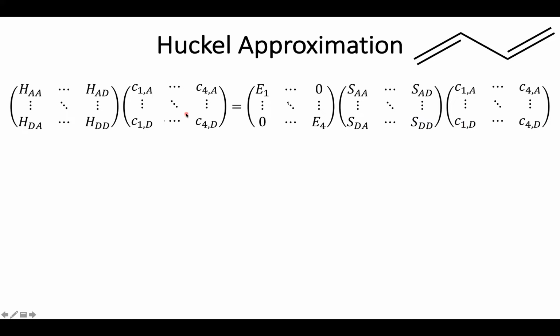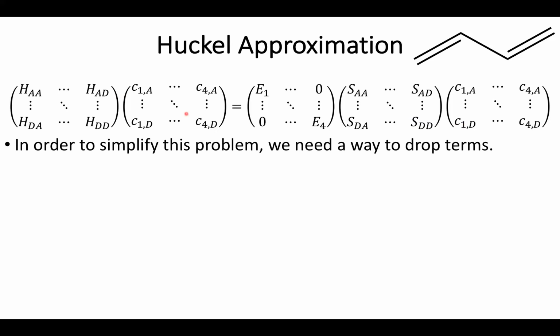This is going to be a bit of an ugly problem. So what we're going to want to do is find as many terms that we can drop as possible. So we're going to be looking at one of the simplest sets of approximations, which also means it tends to be one of the more severe sets as it's going to make this problem a lot simpler, meaning we neglect a lot of things.